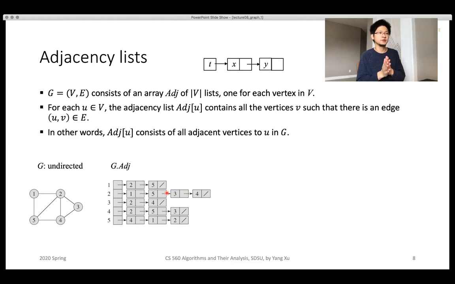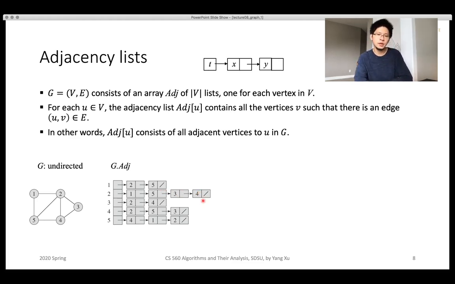It could be a different order because we didn't give any rules for arranging the order. As long as all the adjacent vertices appear in the list, we say this adjacency list is a complete representation for this graph.